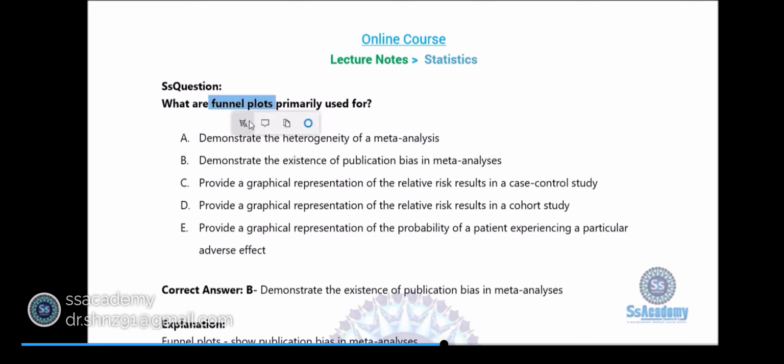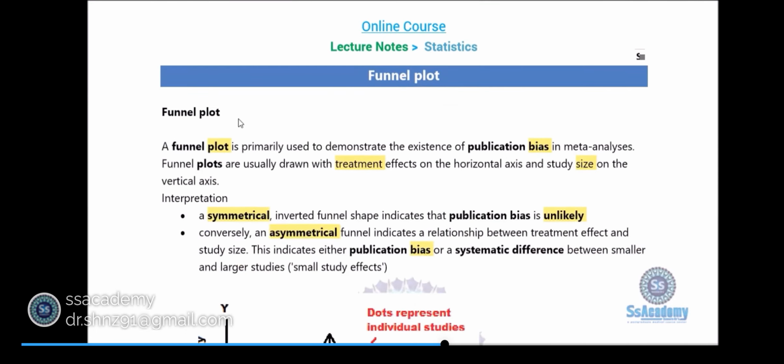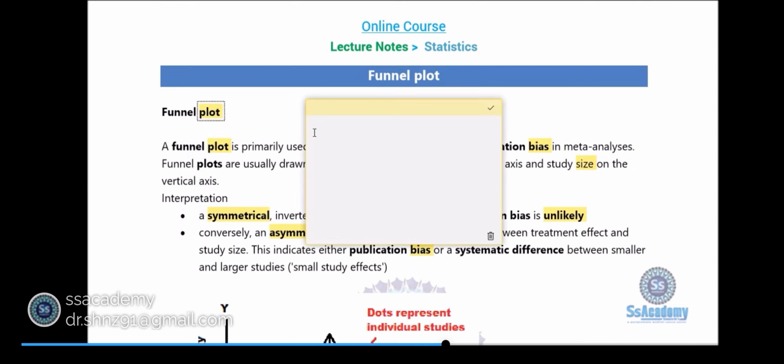So the question: what are funnel plots primarily used for? In simple words, funnel plots are used for bias in a meta-analysis. So we can make a box for the funnel plots: funnel plot equals bias; symmetrical equals no bias, and asymmetrical equals yes, bias.